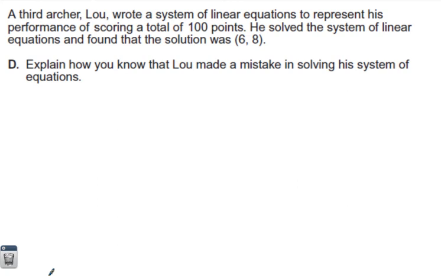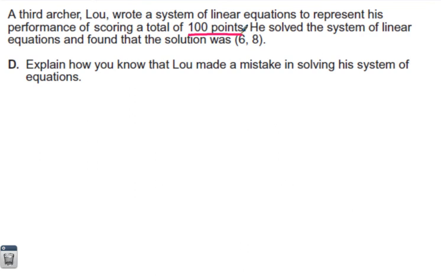Part D: a third archer, Lou, wrote a system of linear equations to represent his performance of scoring a total of 100 points. He solved the system of linear equations and found that his solution was 6, 8. Explain how you know that Lou made a mistake and solve it.